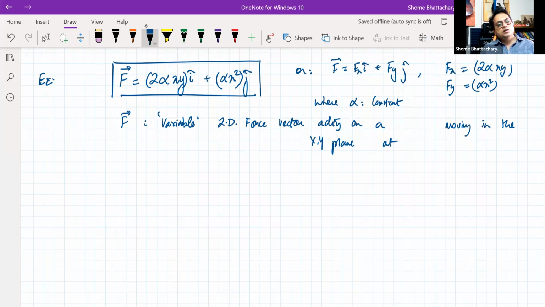So this is the two-dimensional variable force acting on a particle which is moving in the two-dimensional xy plane at the coordinates x comma y.